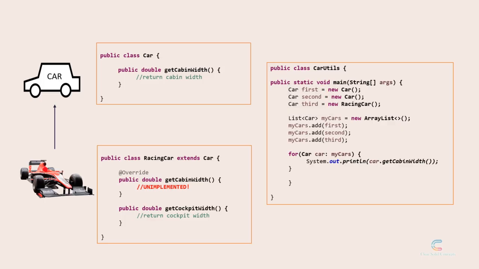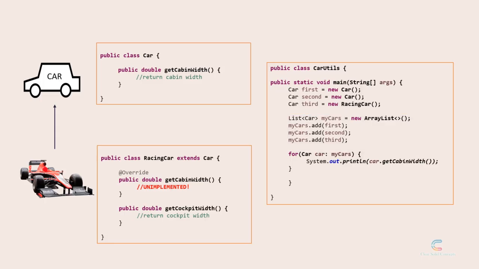Note that even though the reference for all three objects is car, two of them are generic car instances. The third one is a racing car instance.